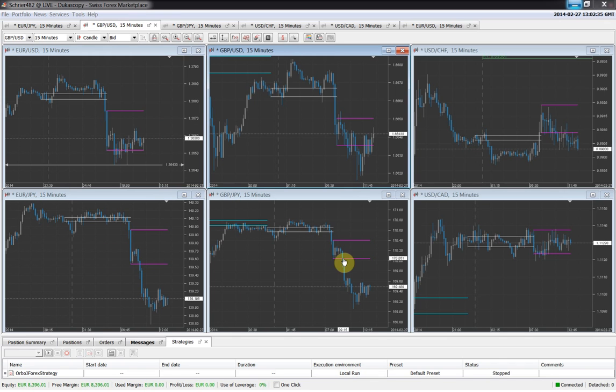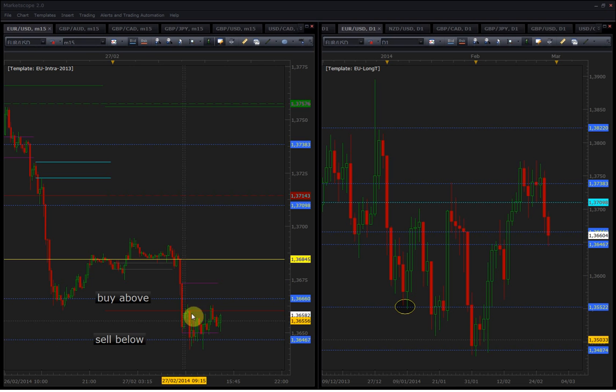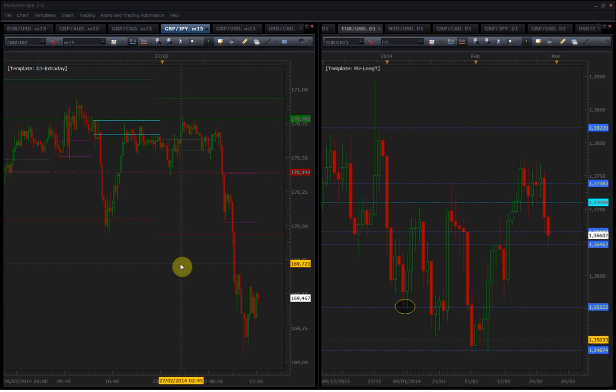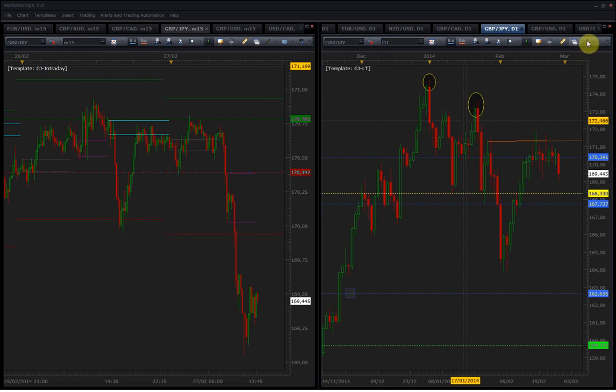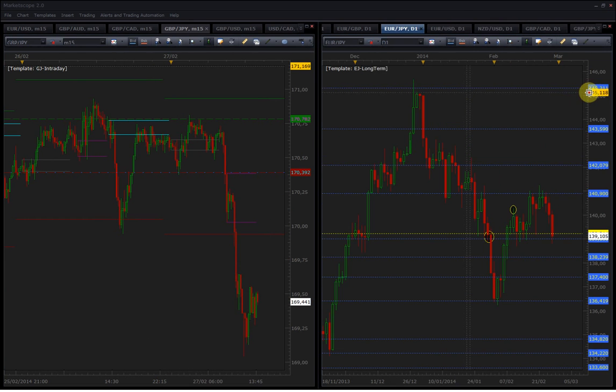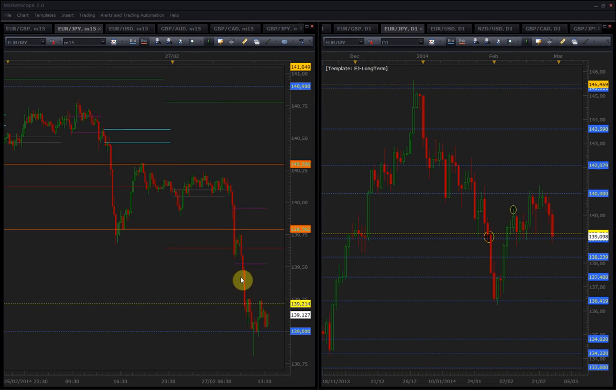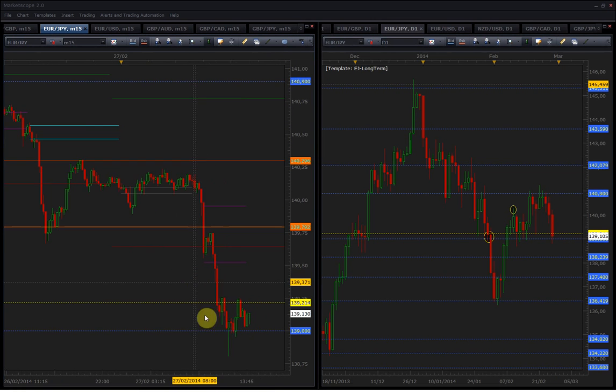Okay, guys, let's trade. Let's see what happens. I have euro dollar, pound dollar here, euro yen, pound yen, dollar Swiss, dollar CAD. Our preference is on the yen pairs. We reached some support here on the yen, so we can take both sides, okay?